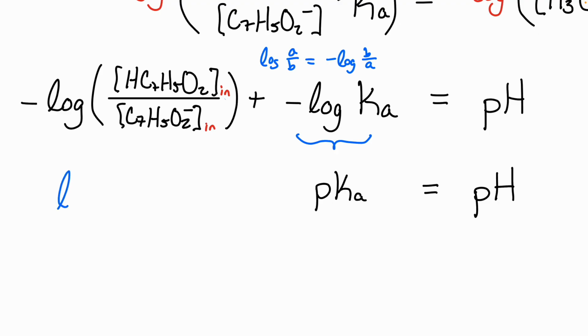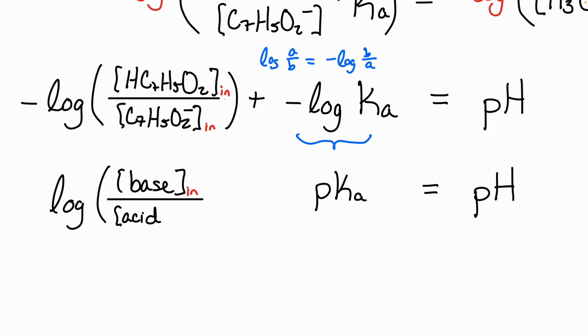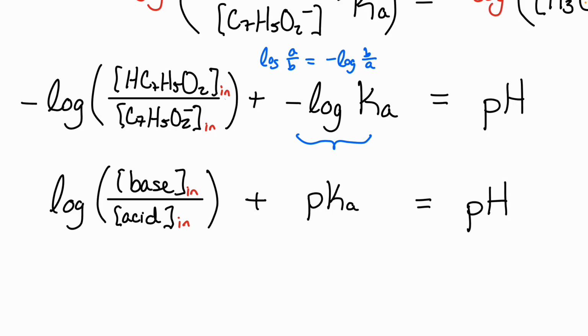All right, so this will become the log of, instead of acid over base, we get the log of our base that we had initially, divided by the concentration of our acid that we had initially. This plus the pKa, which is the negative log of that Ka value, will give us the pH of our solution, and this is what we call the Henderson-Hasselbalch equation.